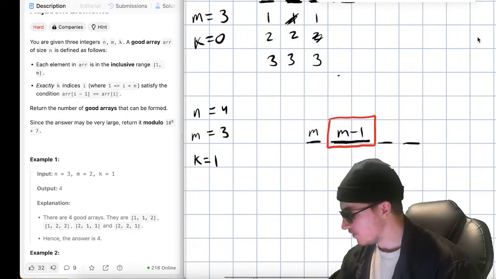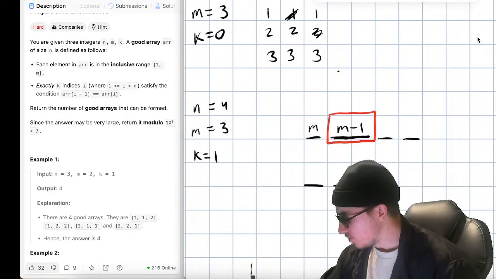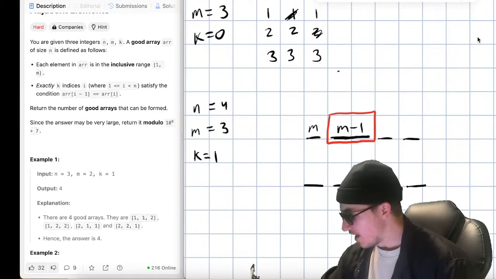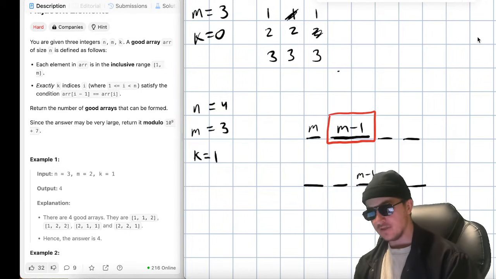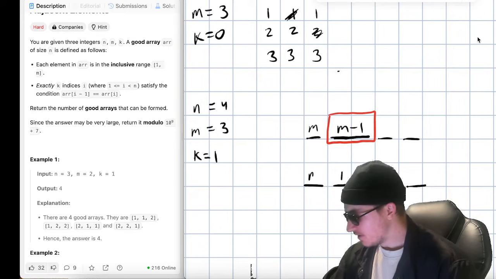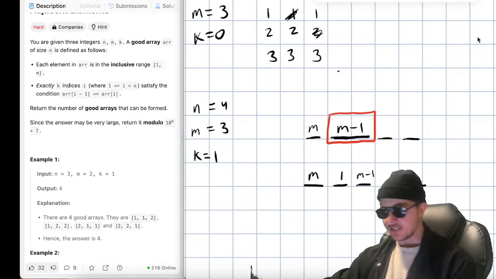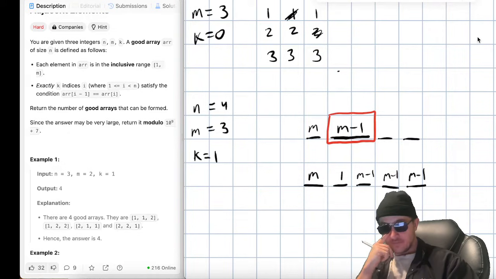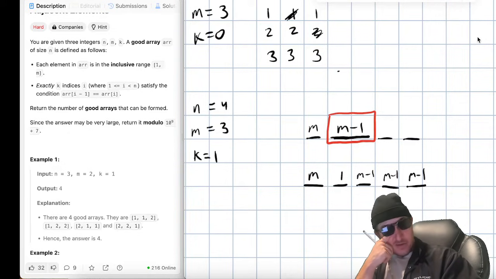Now, for the sake of determining what the probability is, I'm not going to leave it as 1. I'm just going to say that you have m minus 1 options here, and this has to be a 1, and this is m. Now, this next thing can't be the previous thing, so you're in the same case here, m minus 1, m minus 1. Okay?